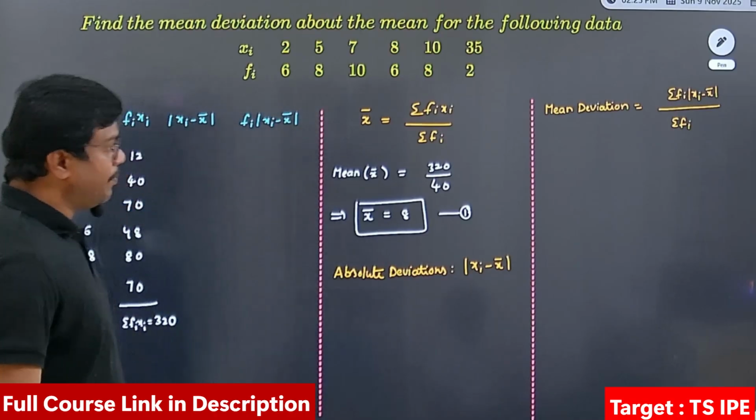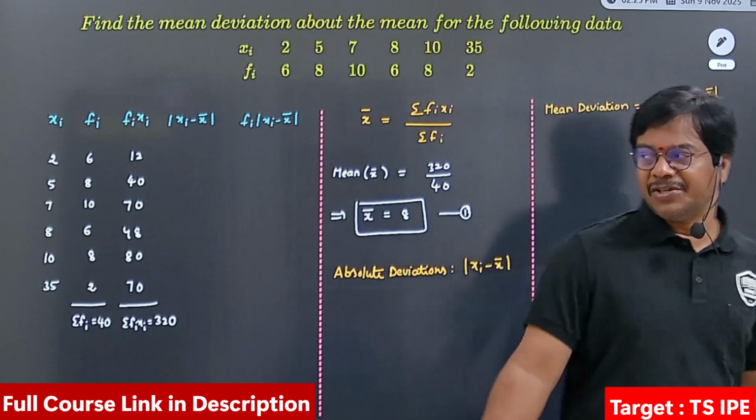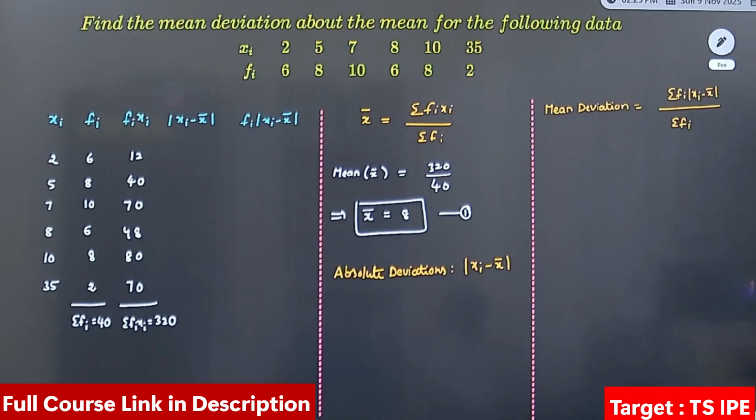Next, you need to find absolute deviations. Absolute deviation is denoted by modulus of xi minus mean. Xi minus mean for each and every term I am going to calculate now.